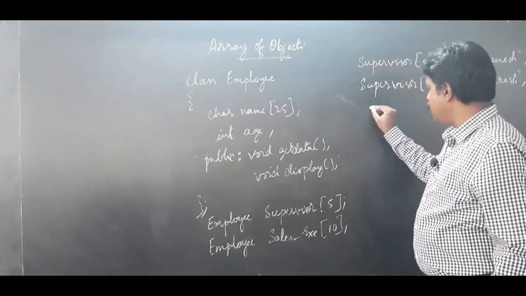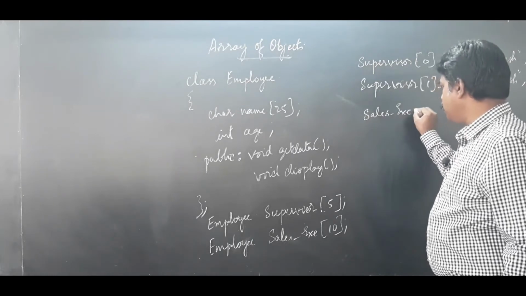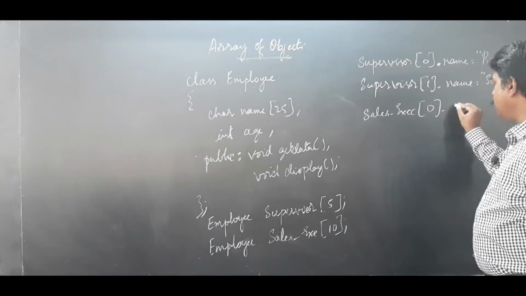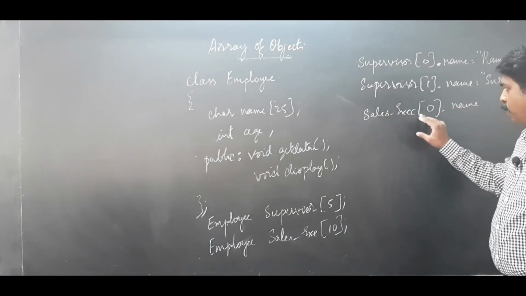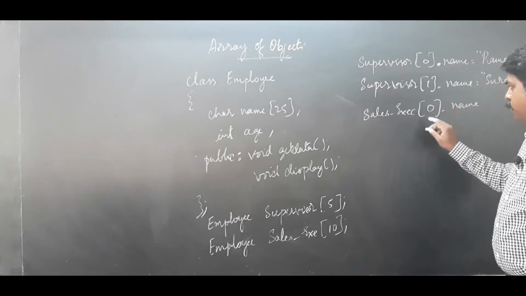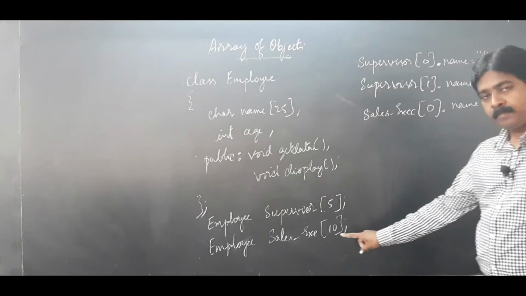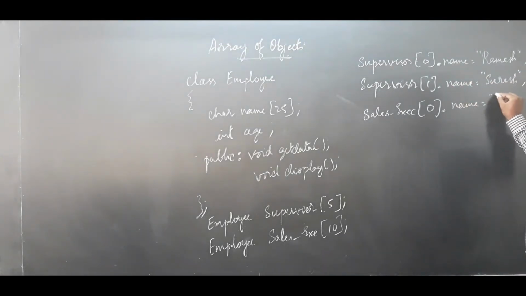For sales executive, when I take sales_executive of 0, I would like to take again name. This name is under sales_executive of 0. There is a first object out of 10. So name equals, I'll take Mahesh.